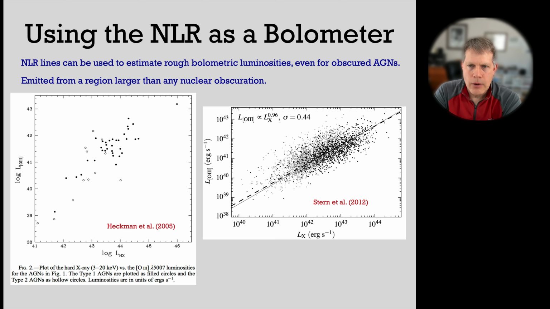And you can see that while there is surely scatter in both cases, over orders of magnitude, the NLR lines can be used pretty well to estimate rough bolometric luminosities. Again, even for obscured AGN systems where it can be otherwise hard to measure the true system power. So that's another very useful point about the narrow line region lines. They can tell you the power of AGNs, even obscured ones.